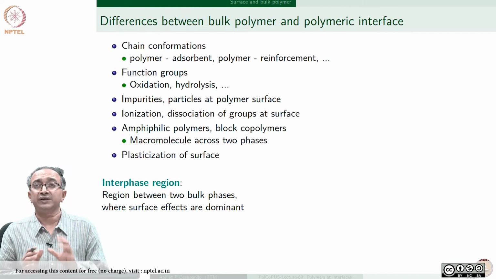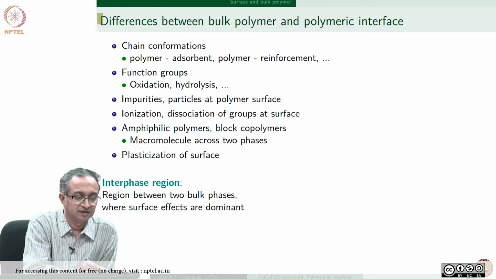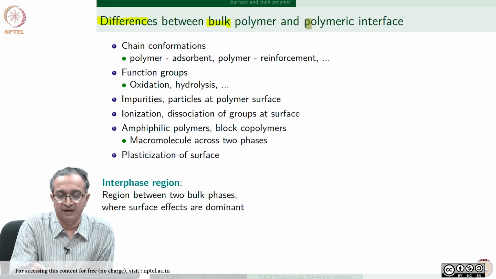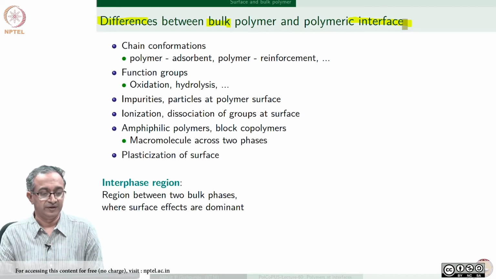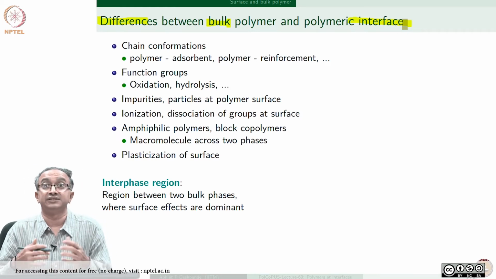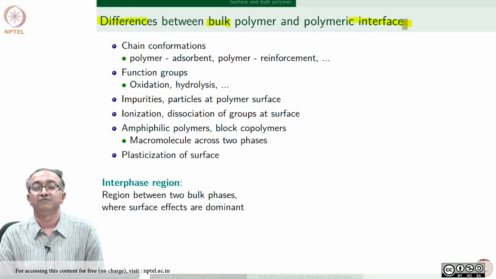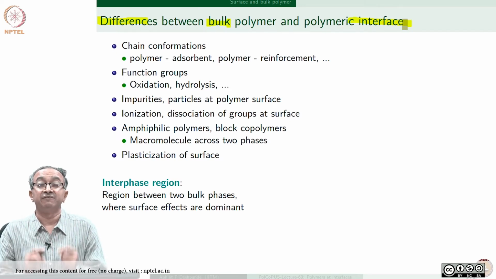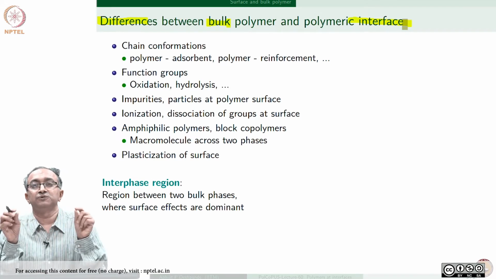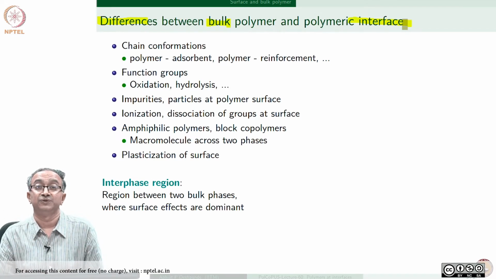And what can we summarize as the main differences between the bulk polymer and the interface in which there are macromolecules? So, generally what could happen is the chain conformation can change. For example, if macromolecules are close to a fiber surface and there is very favorable interaction, the macromolecules may lie parallel to the fiber.